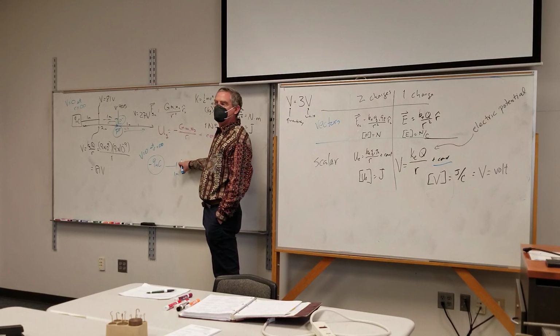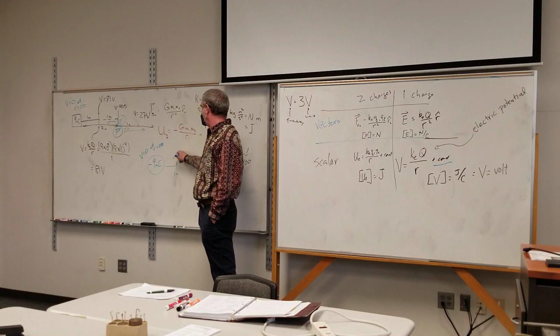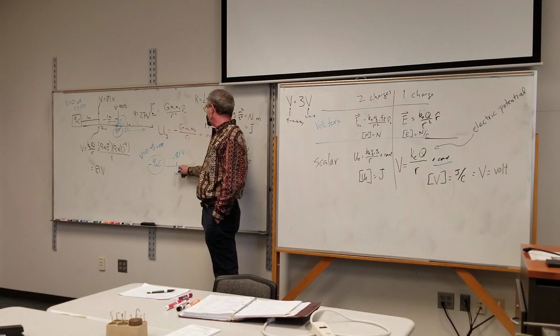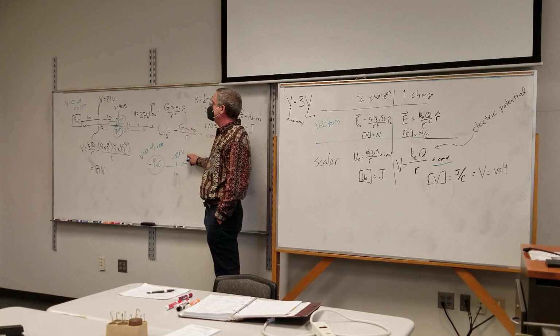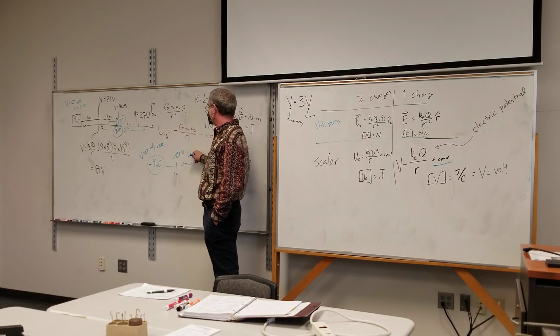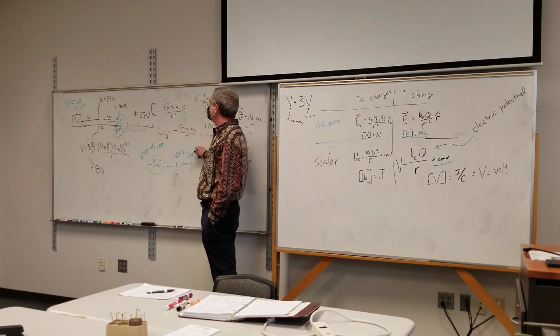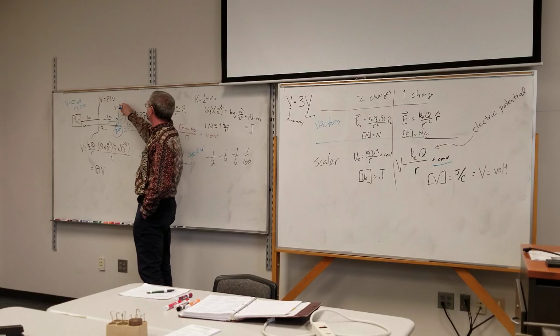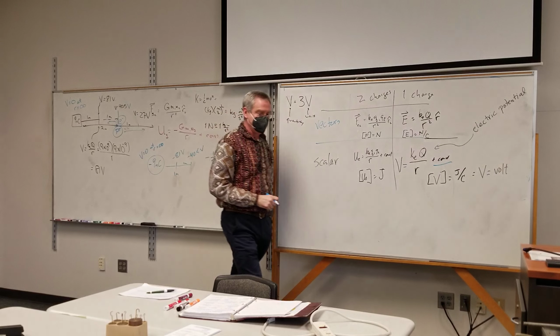So is it going to be negative? Yep. If I go another meter out, negative 40.5? Give me the units. Volts. Ooh, I left it off there. Somebody should have called me on that.